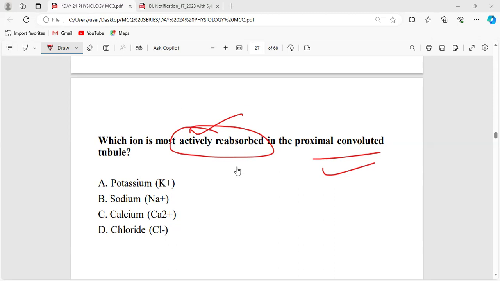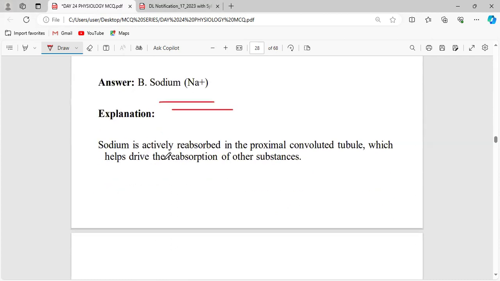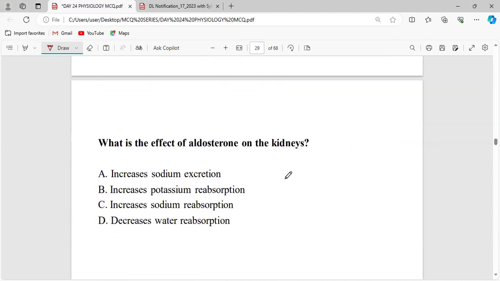Don't confuse it with any other ions. Most actively reabsorbed. That will be sodium. Why would potassium be reabsorbed? It is secreted actually, okay? Sodium is actively reabsorbed in the PCT, which helps drive the reabsorption of other substances, okay?